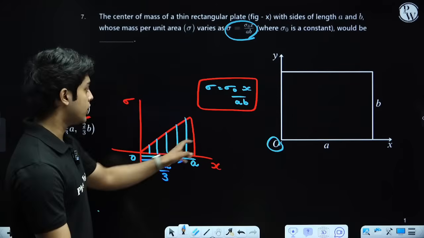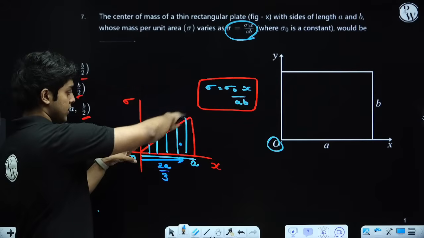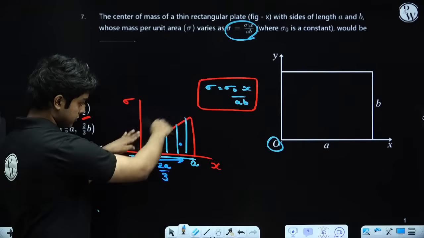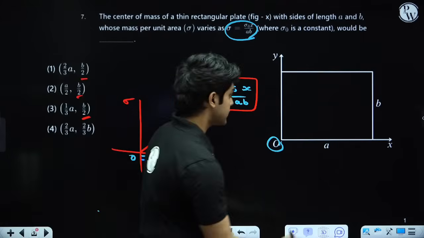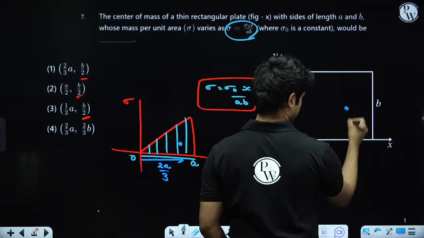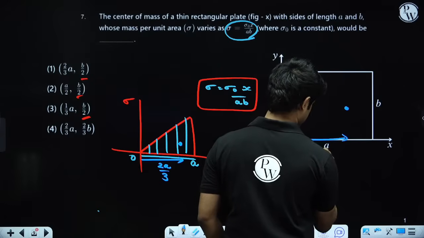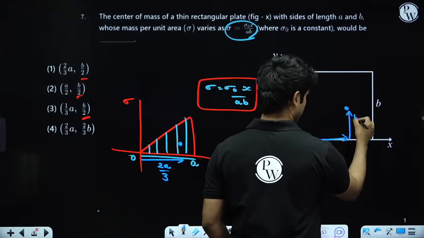This is only true because the distribution is proportional to x, which means we get a straight line, and the centroid of this right triangle will be at 2a/3. Because of that, the center of mass x coordinate will be 2a/3, and the y coordinate is of course b/2.